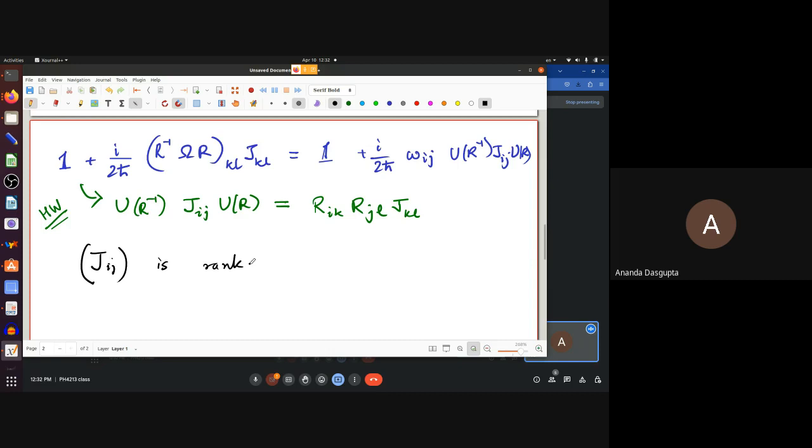Rank 2, what kind of tensor? Contra or co? Any idea? Actually, the answer is it does not matter.